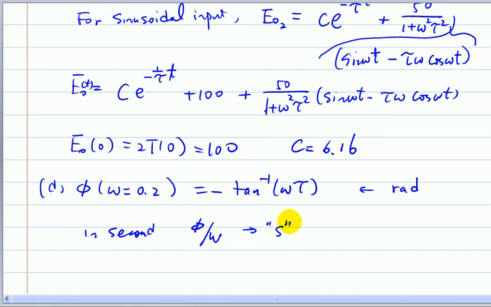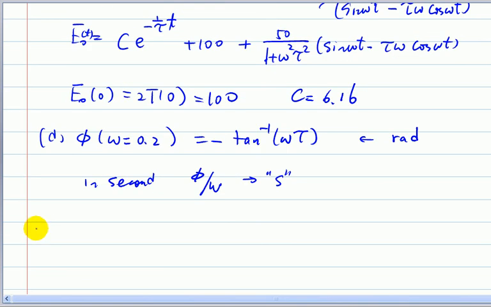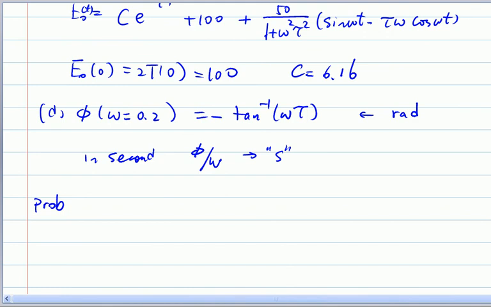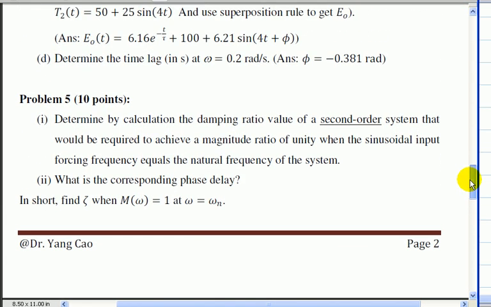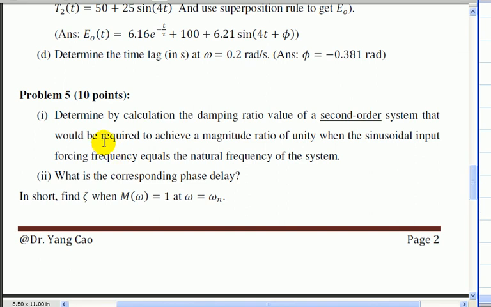So let's see the last question. Not the last question, yeah, problem 5. Problem 5 is about the second order system.